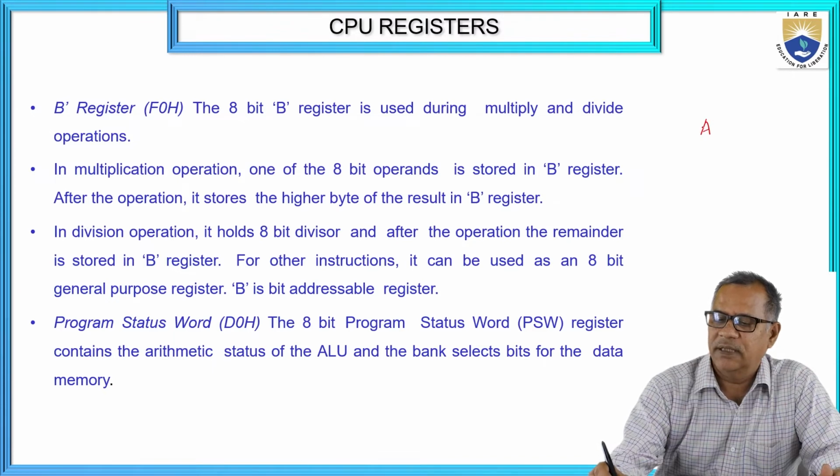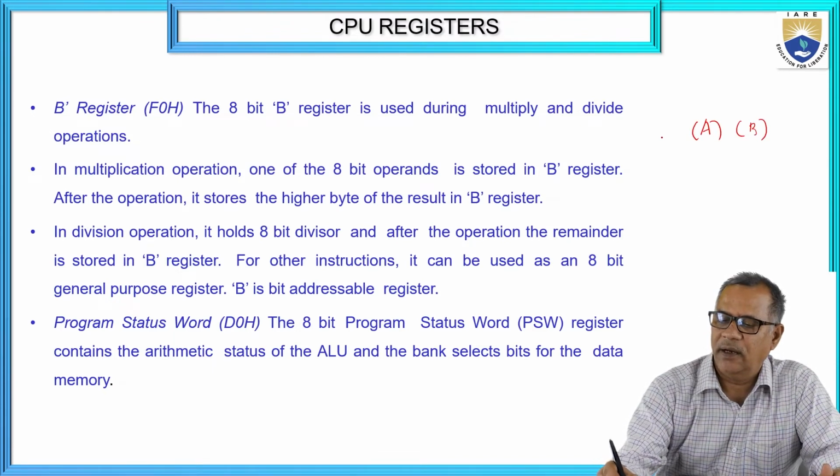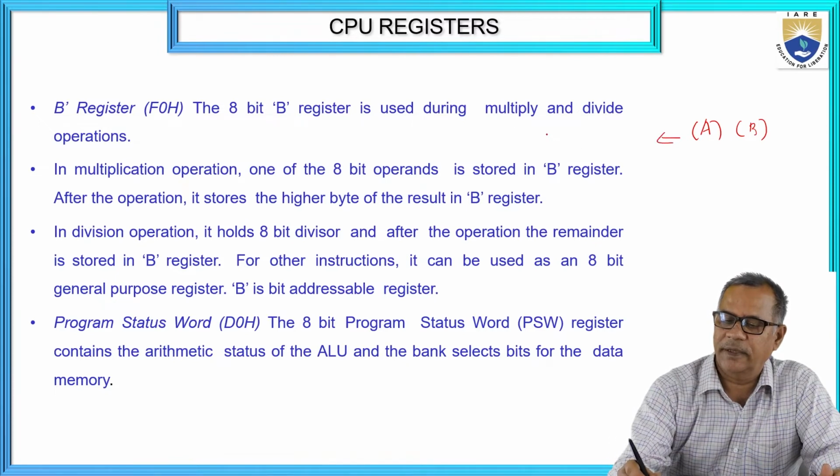So it is like this: one operand is in the A register and another operand is in the B register, and after the multiplication operation, the higher byte goes to the B register and the lower byte goes to the A register.